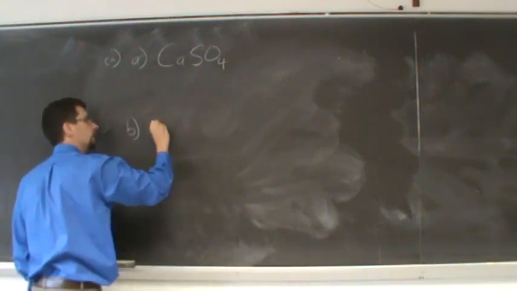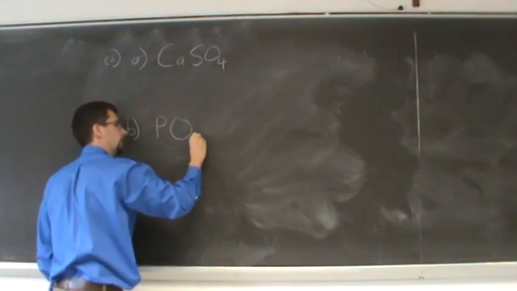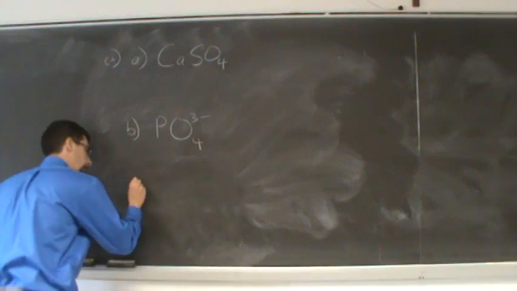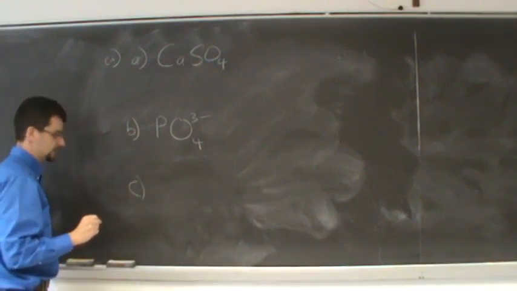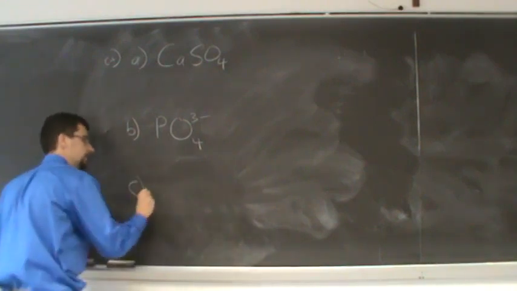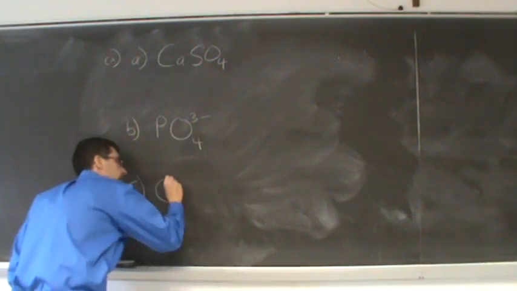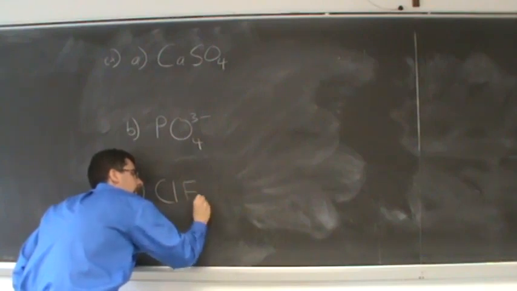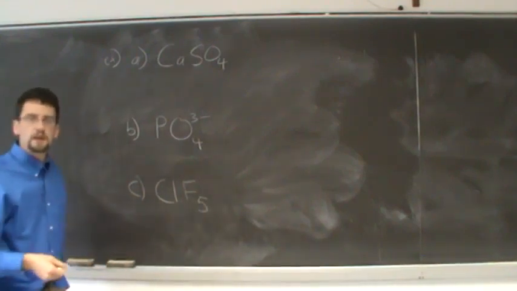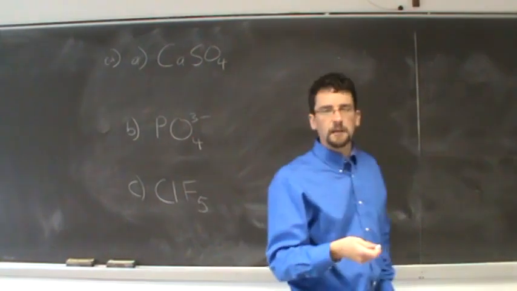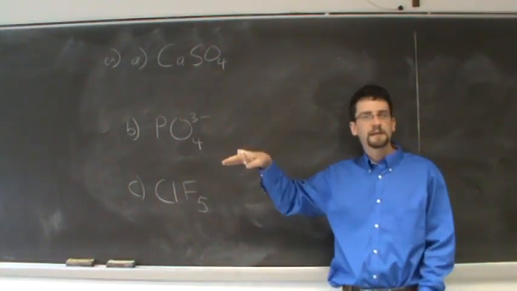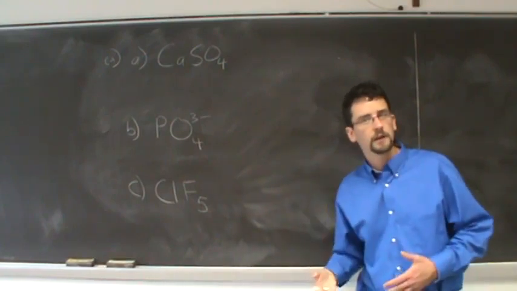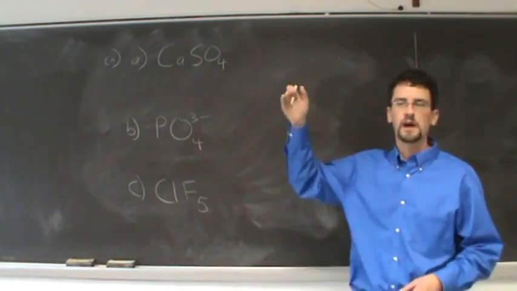B, do the phosphate anion. And C, let's do chlorine pentafluoride. So the way I do these oxidation state problems is I write the oxidation state of the element beneath it, and then if you consider all the elements together, what is the total charge on top?